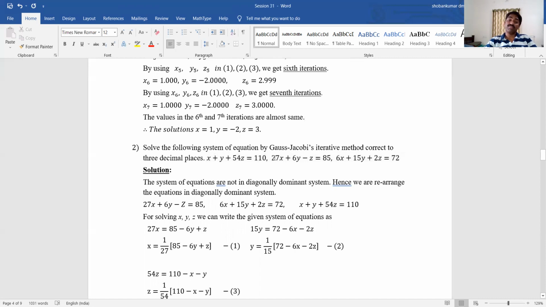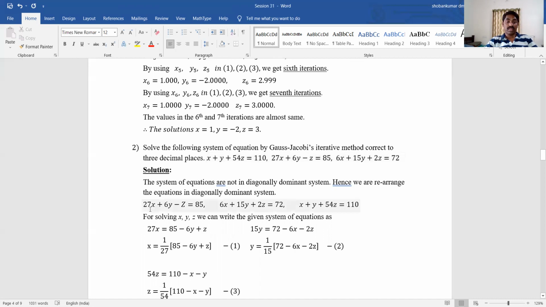We take it as the first equation in the system. And in the last equation, here 15, this is nothing but b2, is numerically larger than the other coefficients. Therefore, take it as the second equation in the system. And in the remaining last equation, here 54 is numerically larger than the other coefficients. Then the equations become diagonally dominant.